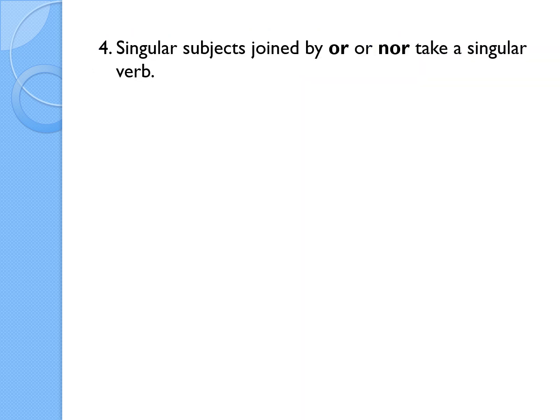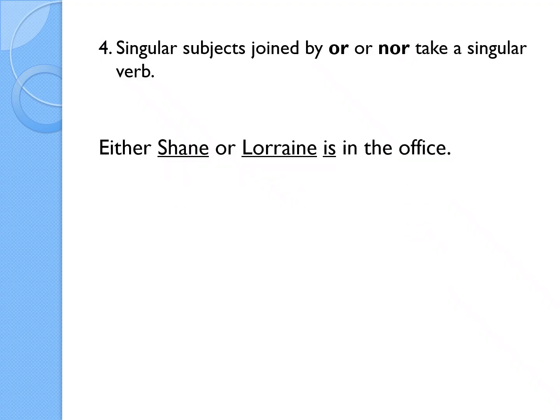Fourth rule: singular subjects joined by or or nor take a singular verb. Example: either Shane or Lorraine is in the office. So we have here either, or. And we have two persons mentioned, Shane or Lorraine.